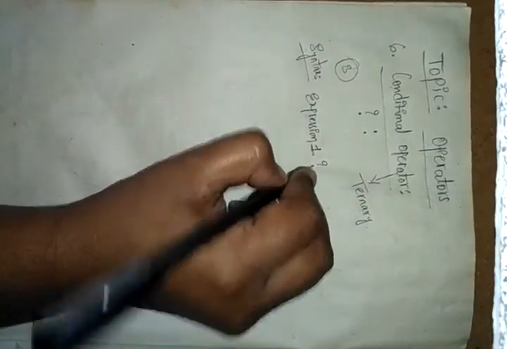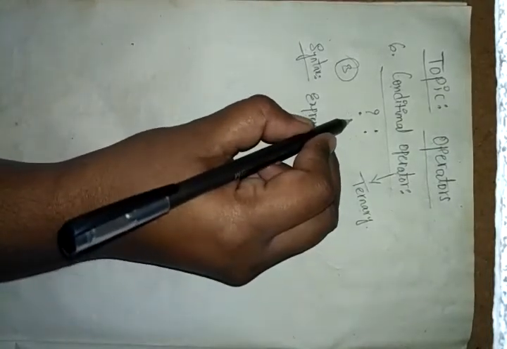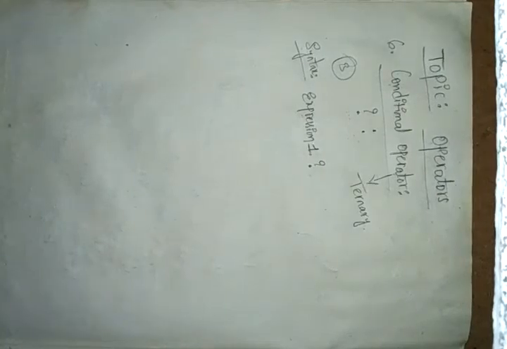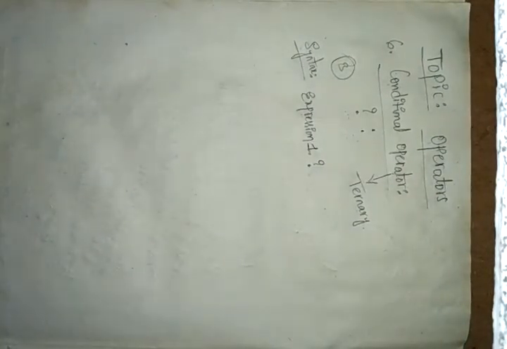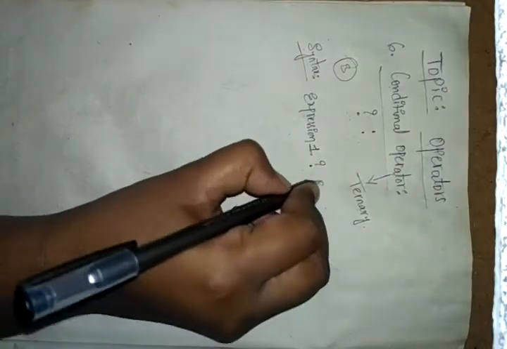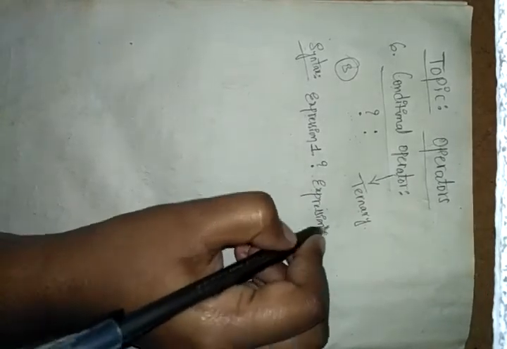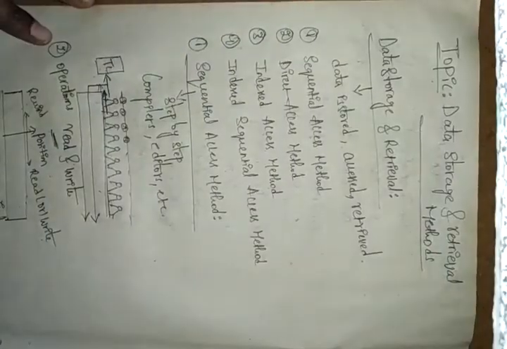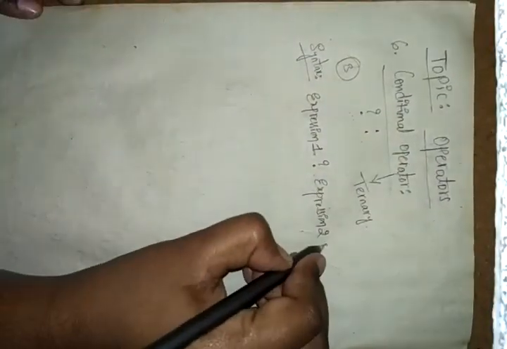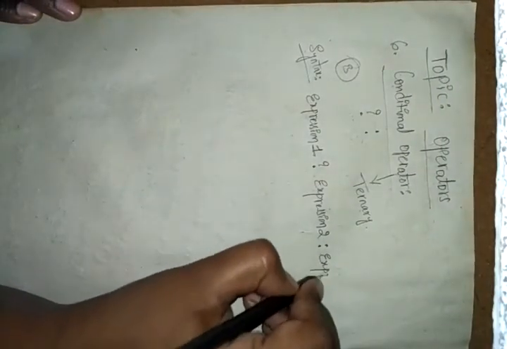expression 1, and here we have the 2 operators for the conditional operator: one is the question mark and the second one is the colon. After expression 1, you give expression 2. Next we have the colon, and after that you give expression 3.